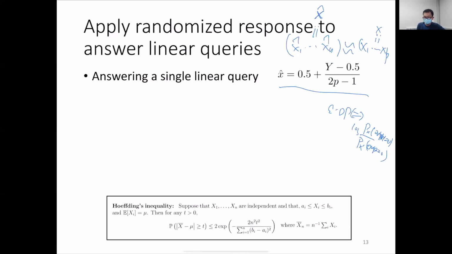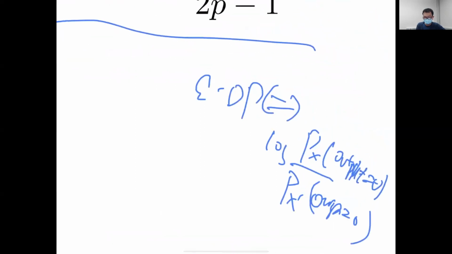Since these independent randomized responses are independently drawn, this probability distribution factorizes into a product over the individual randomized responses.